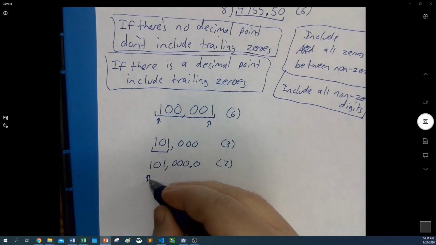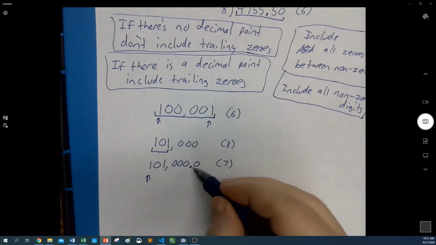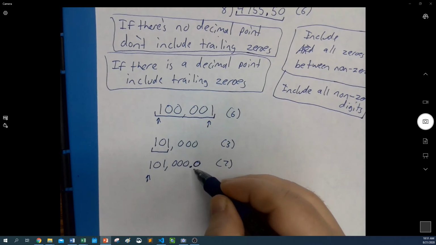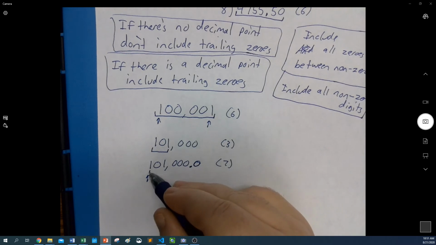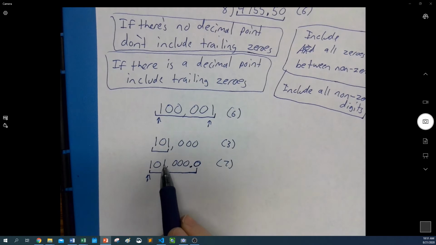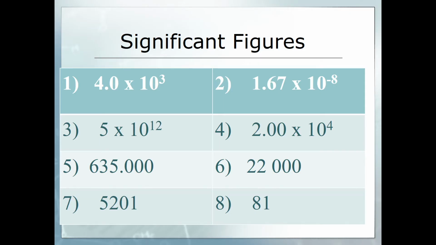So this is our first one, and we have to include this 0 because it includes a decimal point. So we would go all the way down here. So there's 1, 2, 3, 4, 5, 6, 7. So number 7 was 4, and 8 is 2.